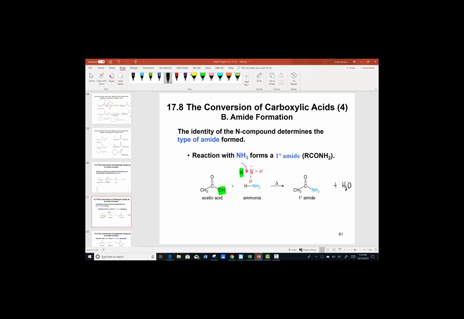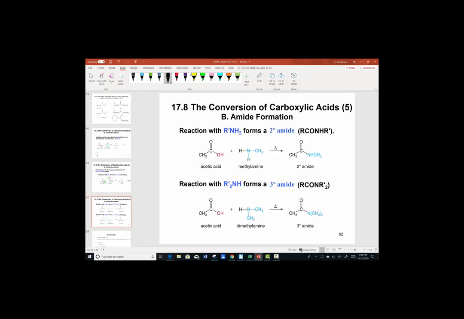The spot where the OH was then gets replaced with the NH2 group, and we've created a primary amide. Primary because this nitrogen is attached to just one other carbon. We could create secondary or tertiary amides as well.